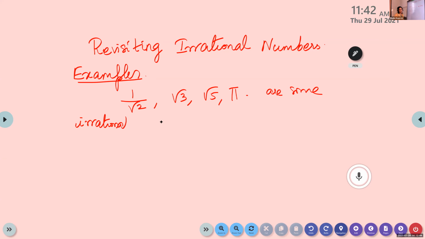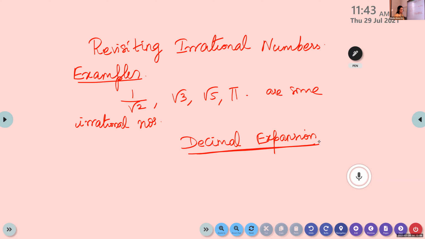Now, based on decimal expansion, how will you say whether it is rational or irrational? If it is terminating. Very good. So based on decimal expansion, listen, suppose the decimal expansion terminates.